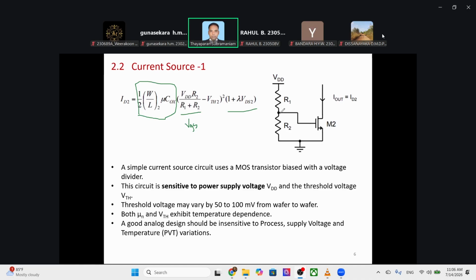Resistance variation. I think last time we have worked out, I'm not sure whether in the first session or not.